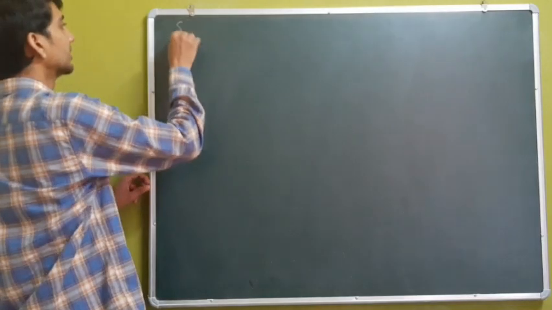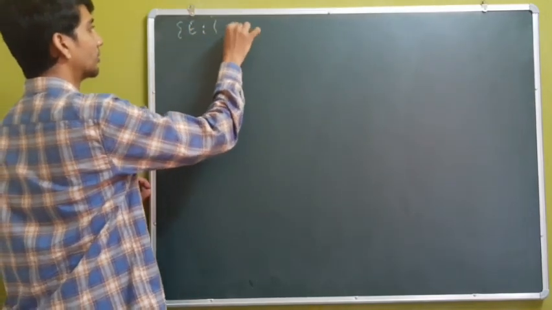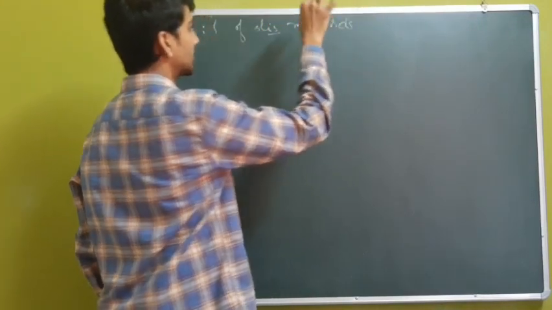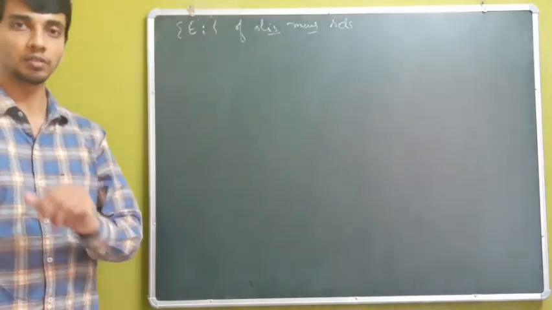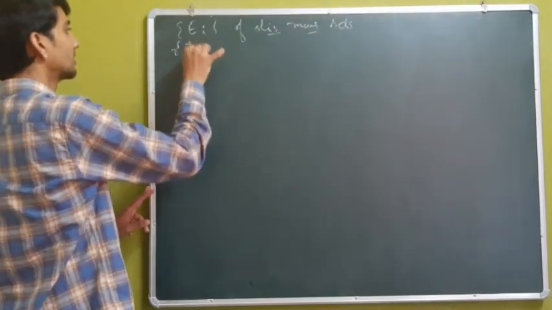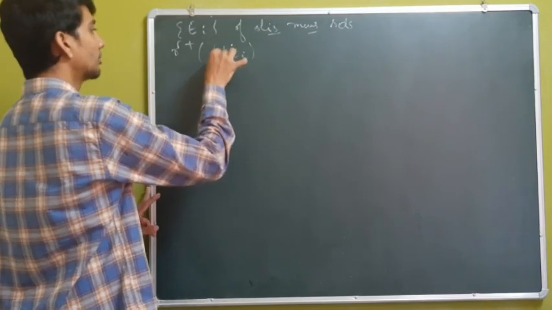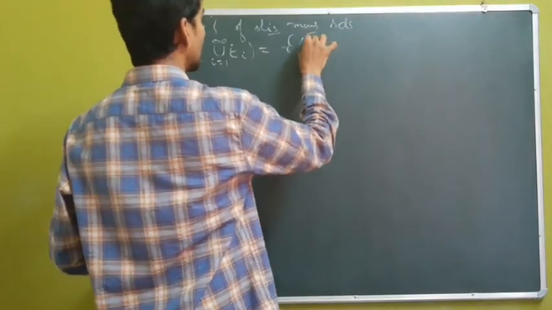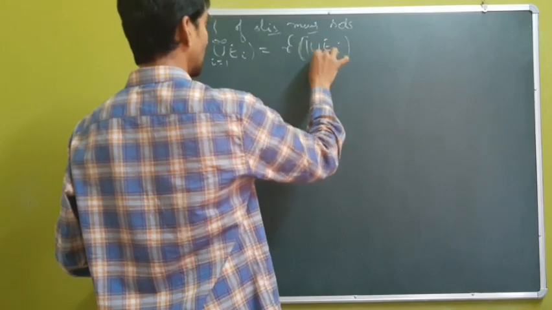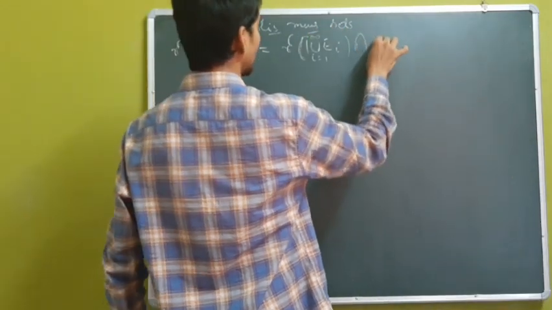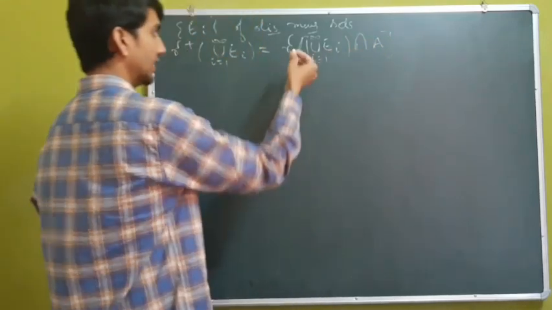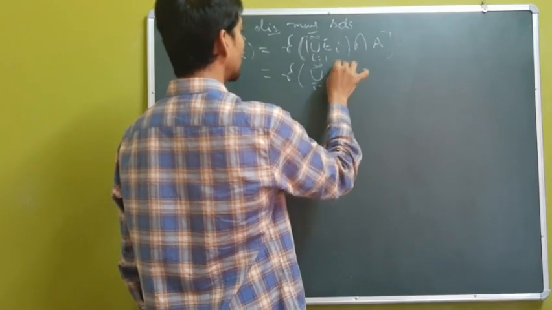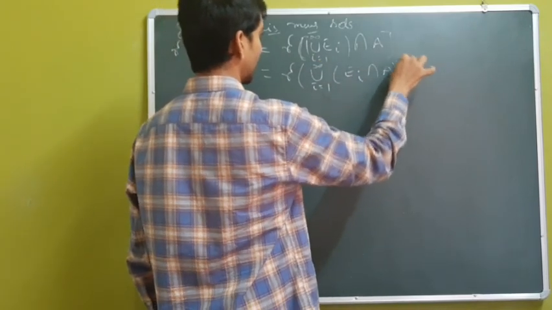For that, I will consider a sequence E_i of disjoint measurable sets, and I will consider the positive part of the countable union of the E_i. By the definition of the positive part, this is the same as the countable union of the E_i intersection with a positive set A, which is the same as gamma of the countable union of the E_i intersected with A.